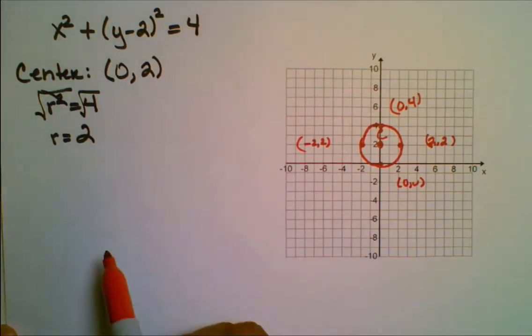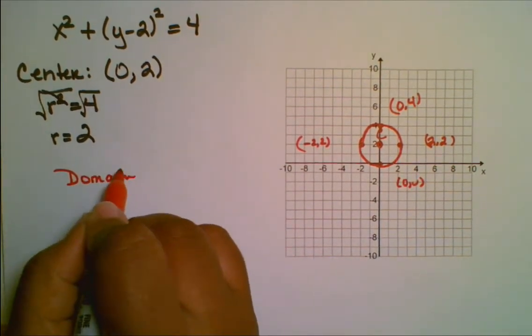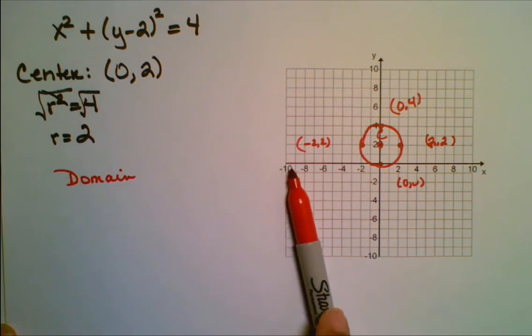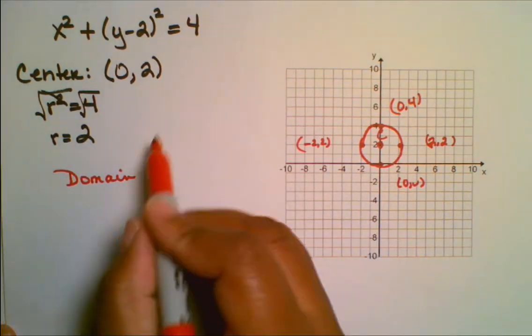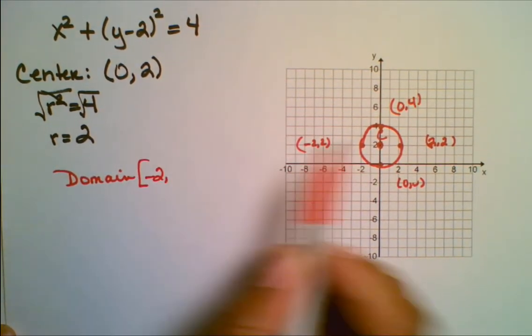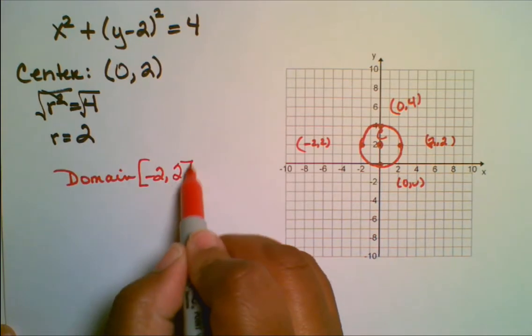Now, let's find our domain. Start along the x-axis. Where does the circle start? It begins at negative 2. It ends at positive 2 along the x-axis.